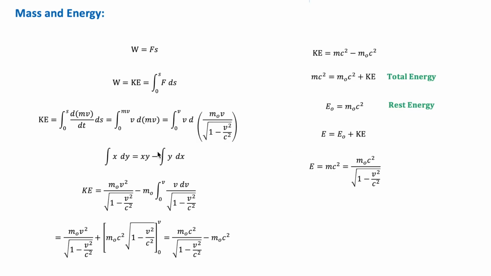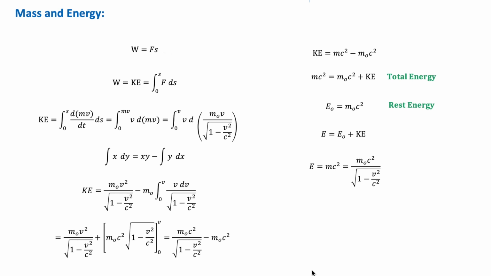So we will now discuss mass and energy. So the most famous relationship obtained from special relativity is the one concerning mass and energy. So we know that the work W done on an object by a constant force of magnitude F that acts through the distance s, where F is in the same direction as s, is given by W is equal to Fs.